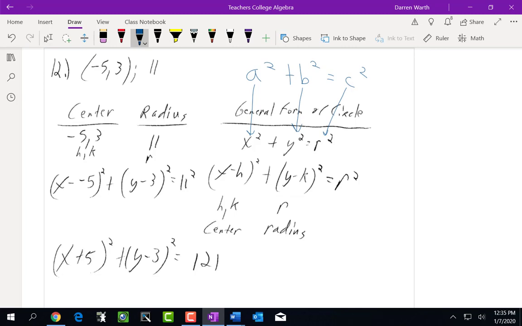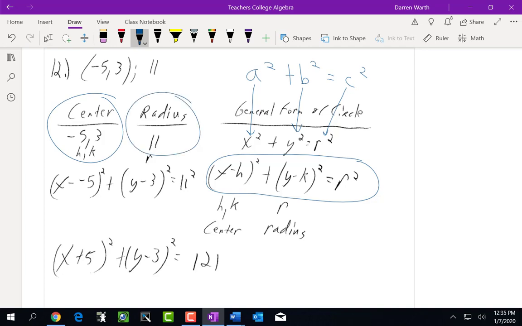Now with the shift in the movement, you're going to notice that it becomes this form: x minus h squared plus y minus k squared equals r squared. So notice, here's my center, that's going to be my h and my k, and here's my radius, which is 11. Substituting this in, I got negative 5, so you get x plus 5 squared.